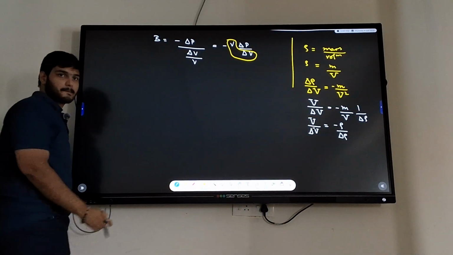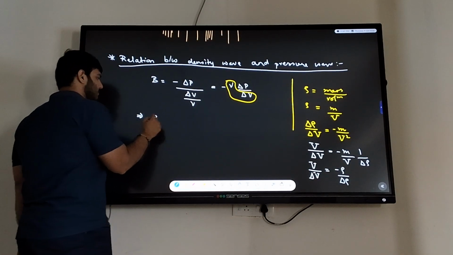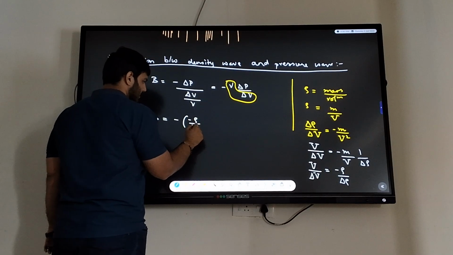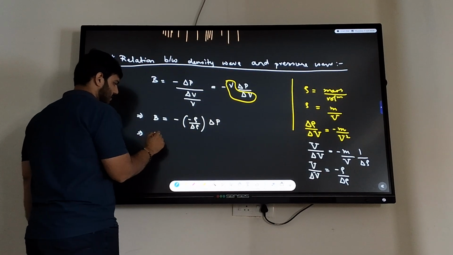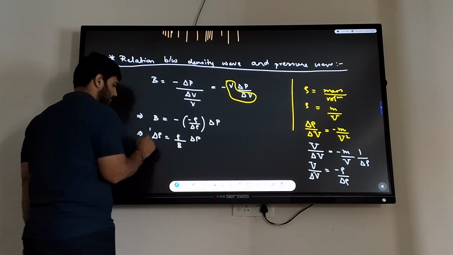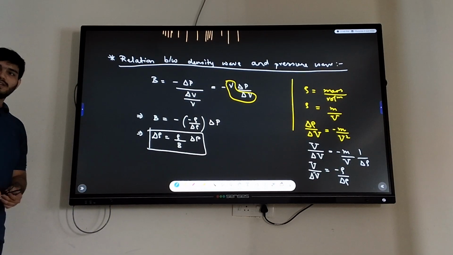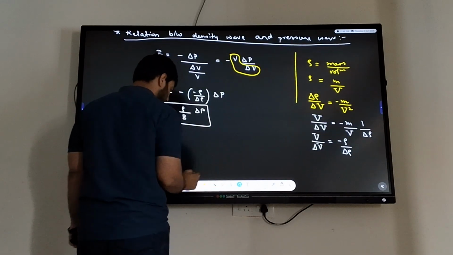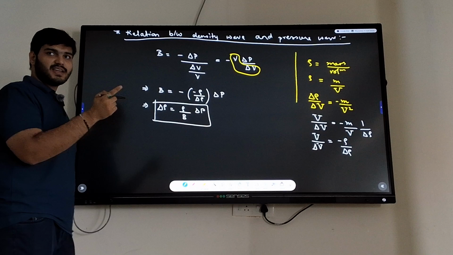Is it okay? Then what will I get? Then I am getting B is equal to minus, and there is a negative again, and this will be delta rho is rho by B delta P. And now I already have an equation for delta P. What was the equation of delta P? We found it just now, na? B A k sin(kx minus omega t).